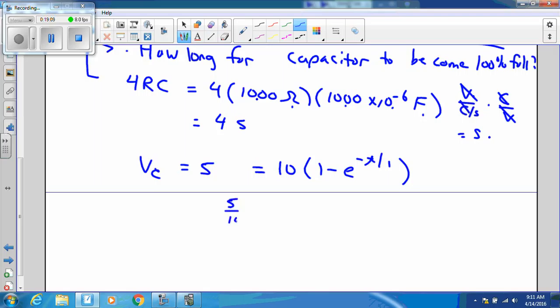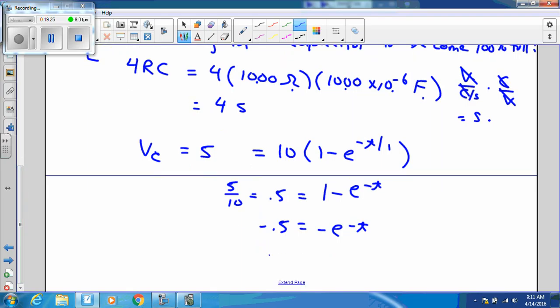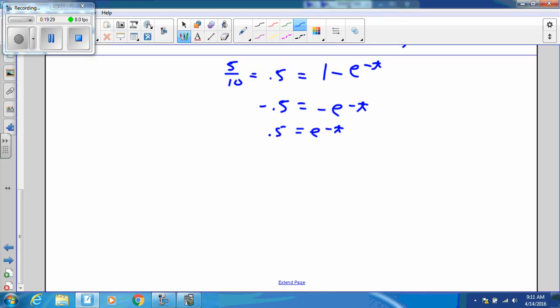I'm going to solve this equation by isolating the exponential and then using inverse functions. So I'm going to first divide by 10. That's equal to 1 minus e to the negative t over 1. I'm going to isolate the exponential by subtracting 1 from both sides and then multiplying both sides by negative 1. And now I've isolated my exponential.